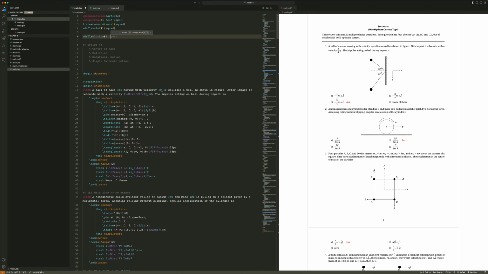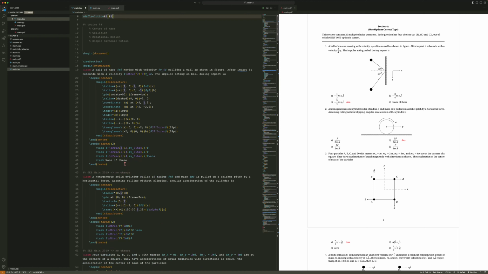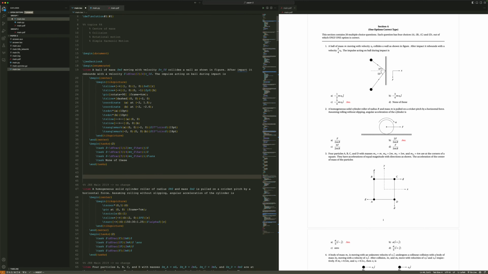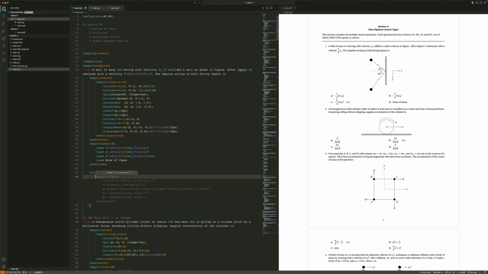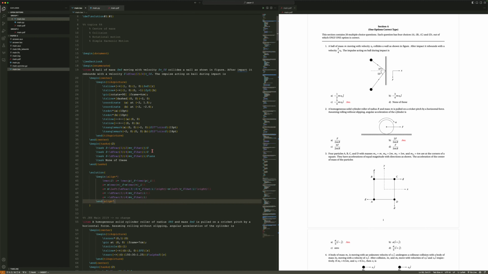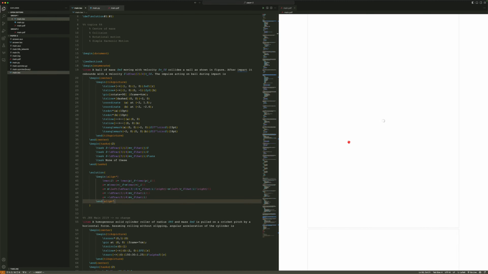Actually, we have to just say it has one argument. Let's run this. So as soon as I run the solution and write something, let's complete this one and see what happens.